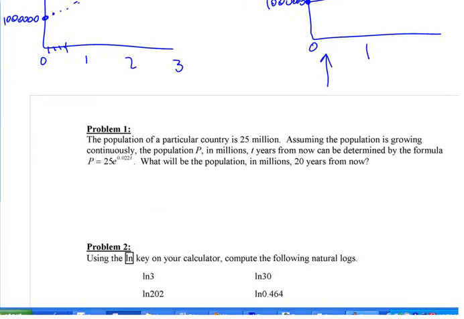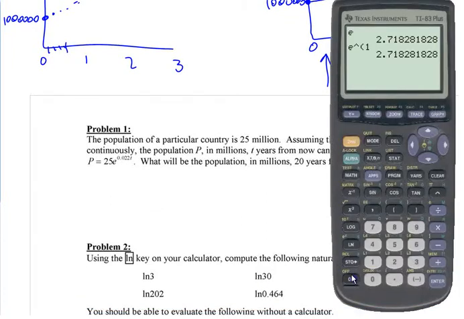On your calculator, if you know that e to the power of 3 is 20.0855 whatever, you should maybe know that this ln, natural logarithm, is the inverse of that. So if I go natural logarithm of 20.08553692, that's the inverse of that.